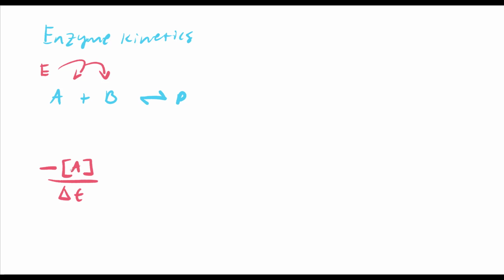So this means that the concentration of A is going to change per unit of time, okay? And it also means that the concentration of substrate B is going to change over time as well. And it also means that the concentration of the product, how much product we have, is going to change over time as well, okay? So you'll notice that for A and B, I have these little negative signs.